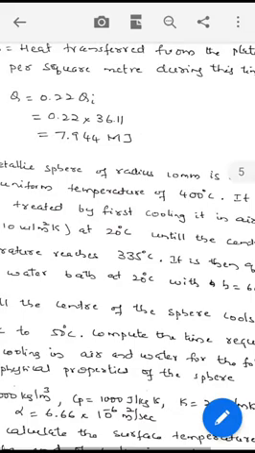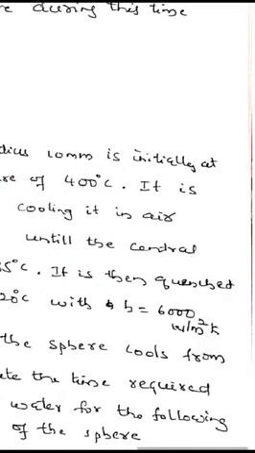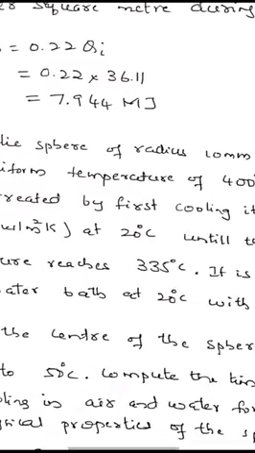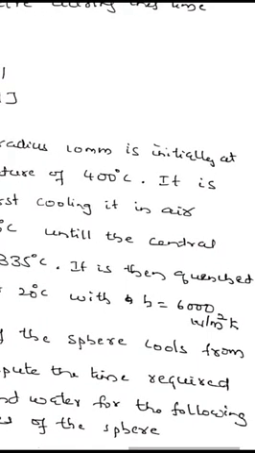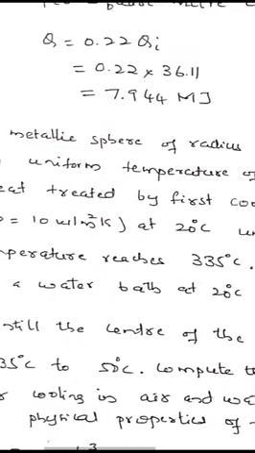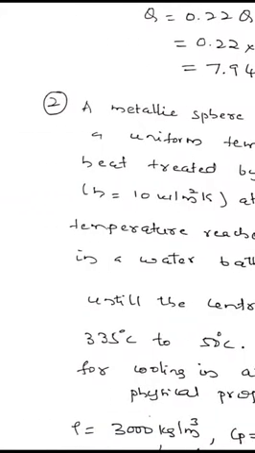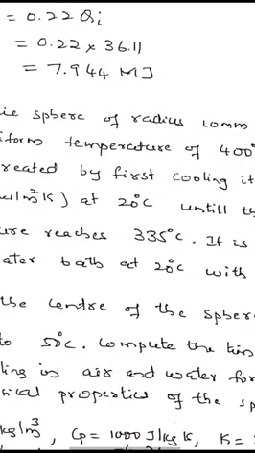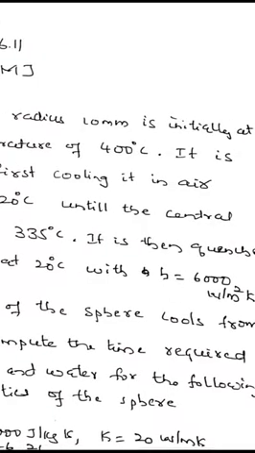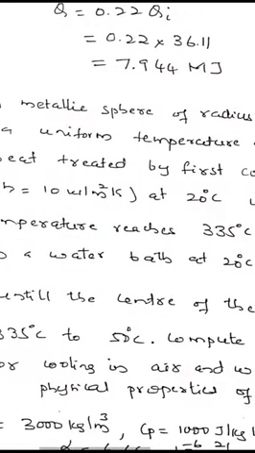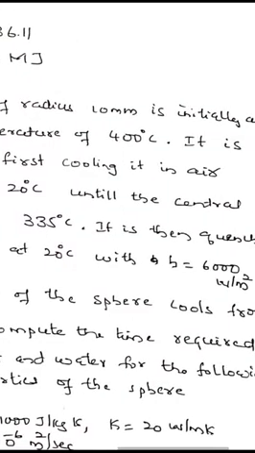A metallic sphere of radius 10 mm is initially at a uniform temperature of 400 degrees centigrade. It is first heat treated by cooling it in air with h equal to 10 watt per meter square Kelvin at 20 degrees centigrade until the central temperature reaches 335 degrees centigrade.